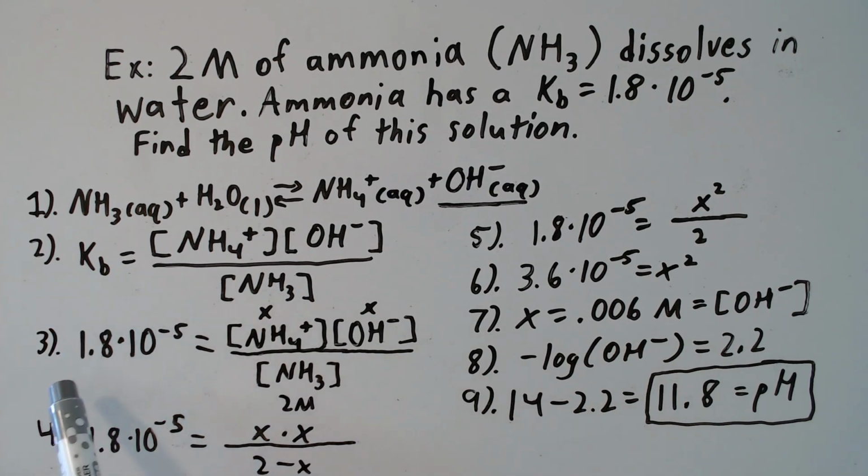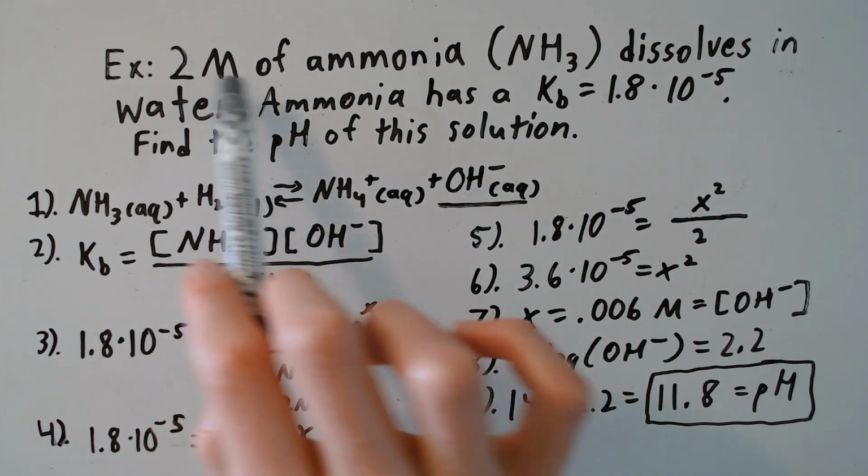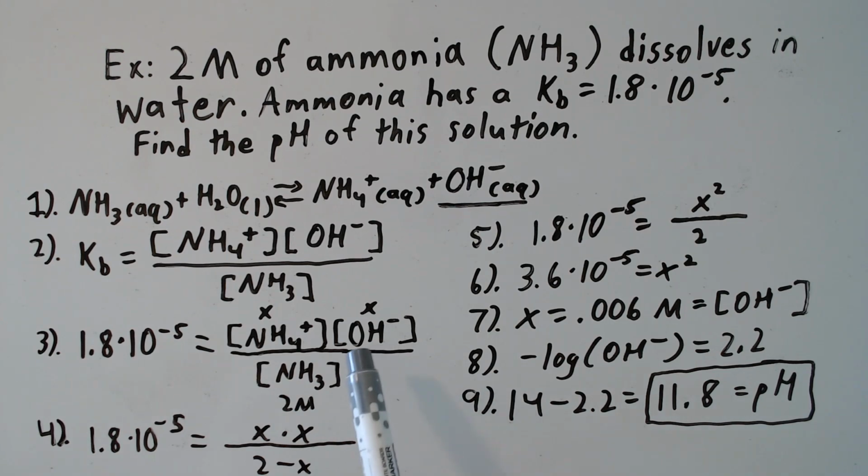So we know that the Kb is 1.8 times 10 to the negative fifth, as given above. And our initial concentration of NH3, the ammonia, is 2 molar, so we can put the 2 molar right here. And we do not know the concentration of NH4+ or the OH-.